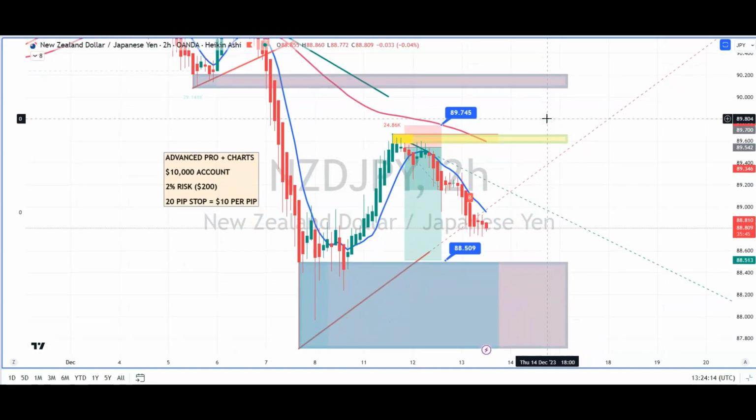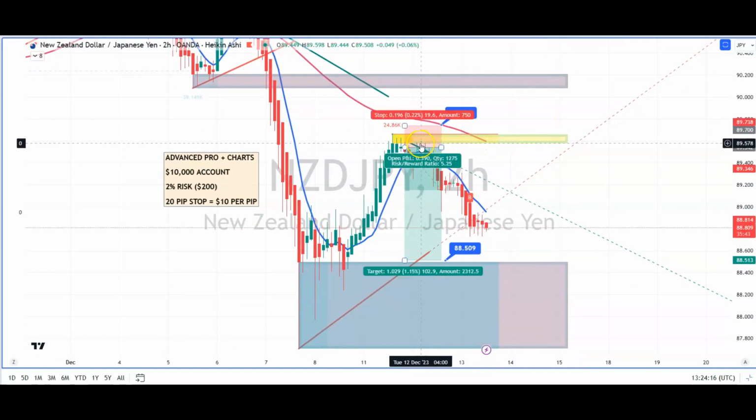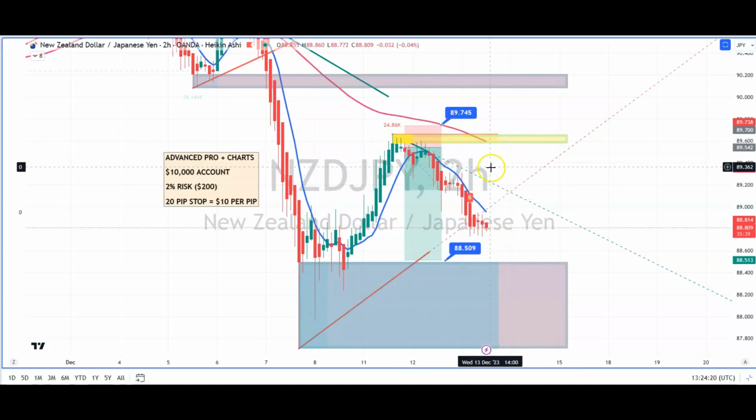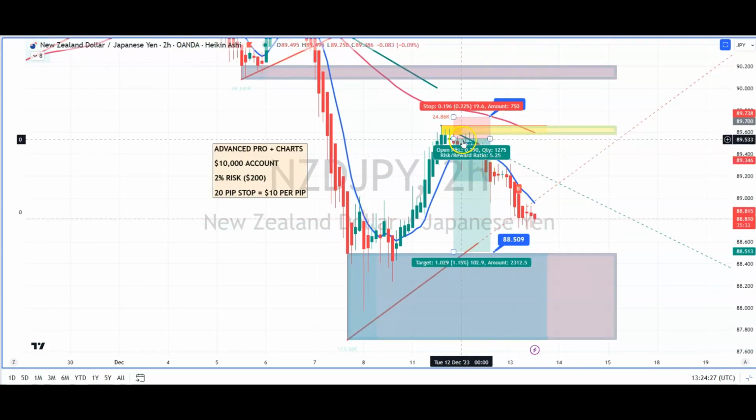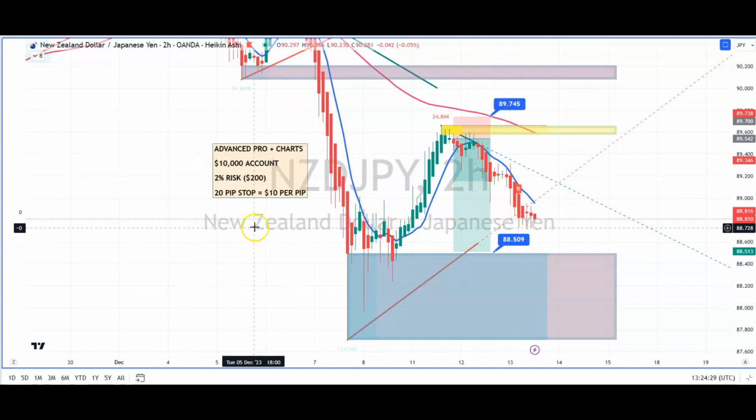Let's do the maths on this one. This time it's a 20 pip stop instead of 100. So now you're talking about big numbers very, very quickly. In this instance you're now at $10 per pip instead of $2, but you're risking the same amount. There's no more risk on the market, but understanding the parabolic trend is going to be the key to your success.